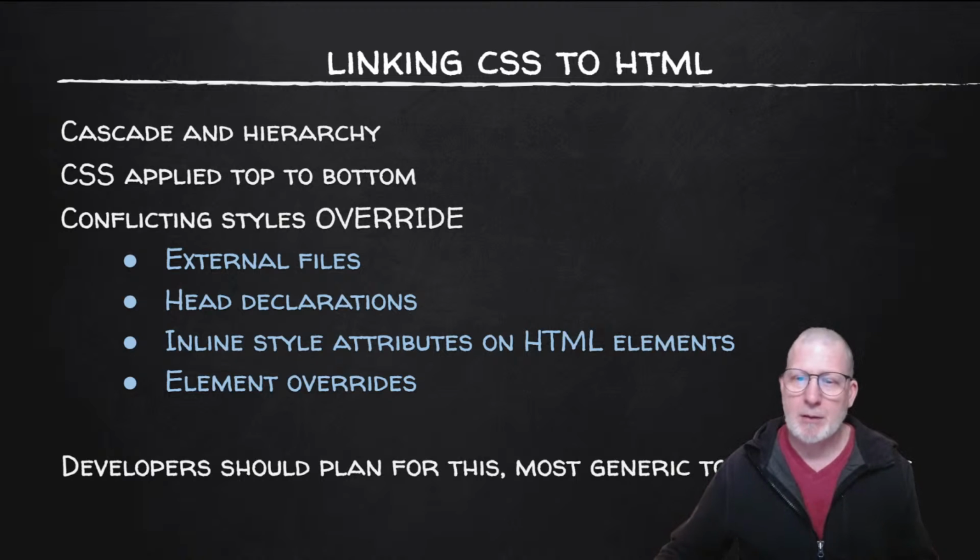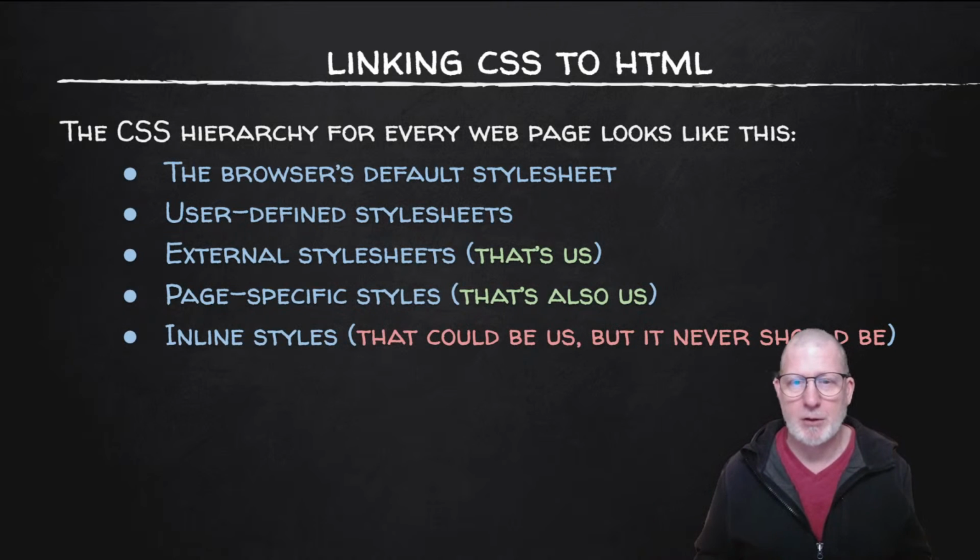So you typically will lay these things out from most generic to most specific. Now the browser also has a default style sheet that's hidden from you, and that's what gives everything their default styles. And we'll add our own user-defined style sheets and potentially page-specific styles in a style tag. And we'll try and avoid using those style attributes on the HTML elements.